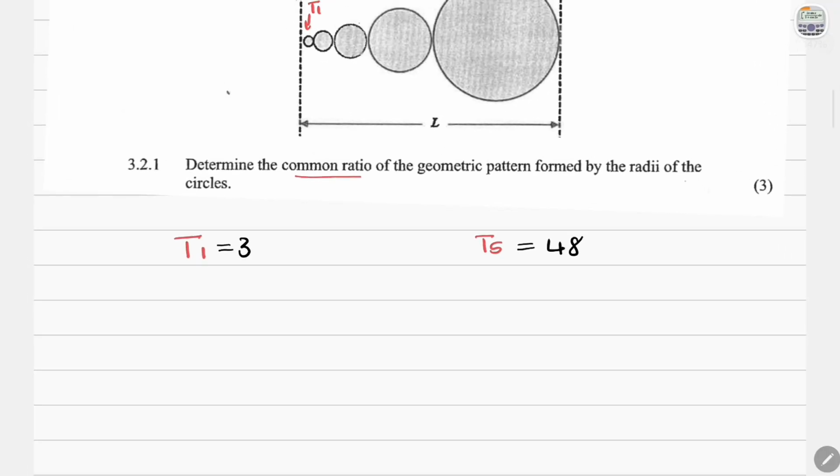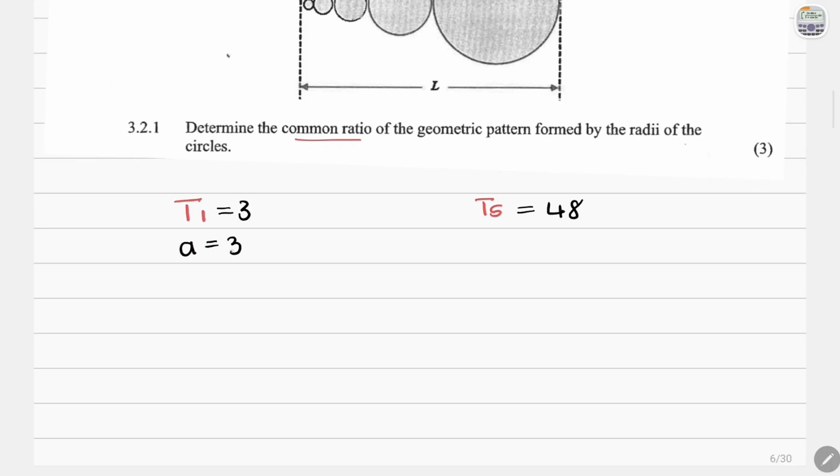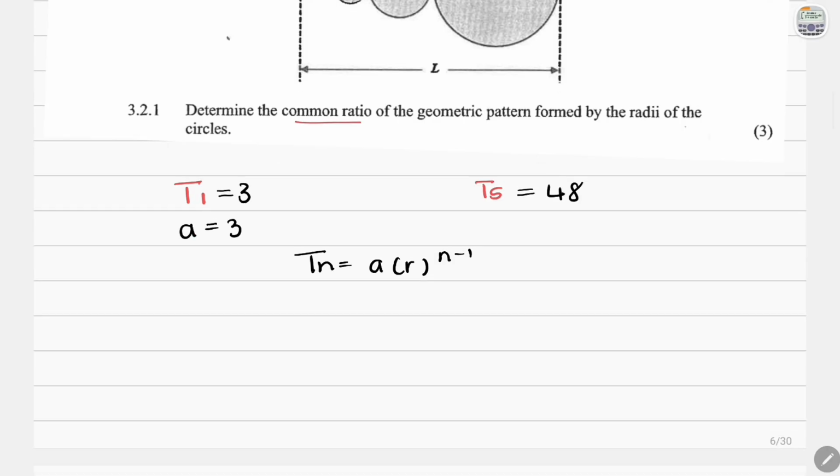This could be a simultaneous equation, but it's not really necessary to solve it like that, because you know that term 1 in a geometric pattern is always called A. So this is A is equal to 3. And then we can just use the Tn formula to find the value of R using this information. So because we have the fifth term, Tn equals A multiplied by R to the power of n minus 1. And we'll substitute everything we have here.